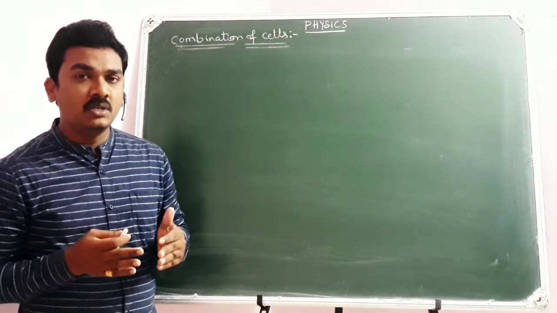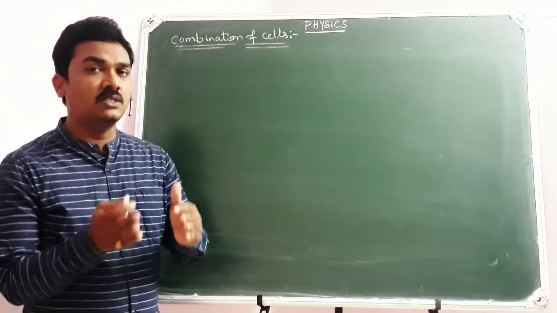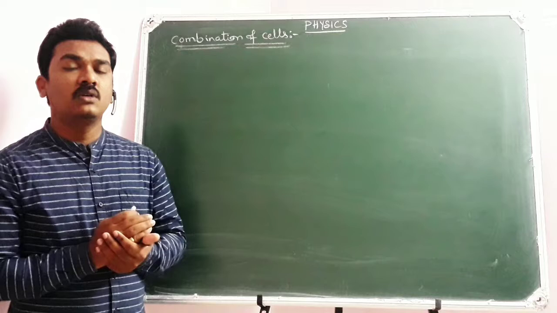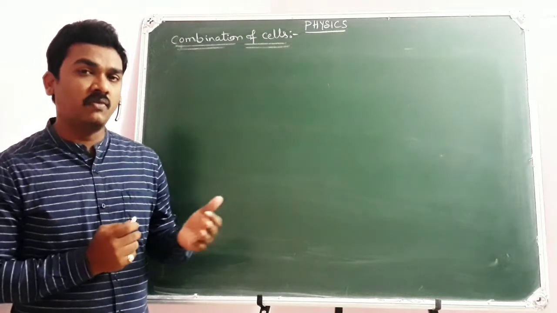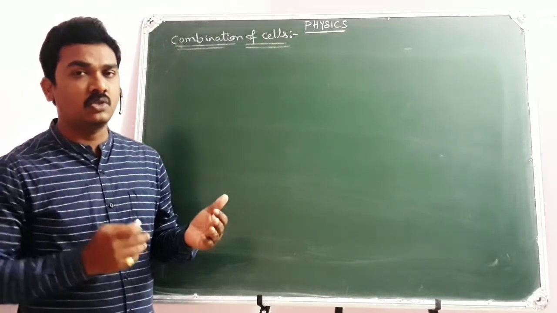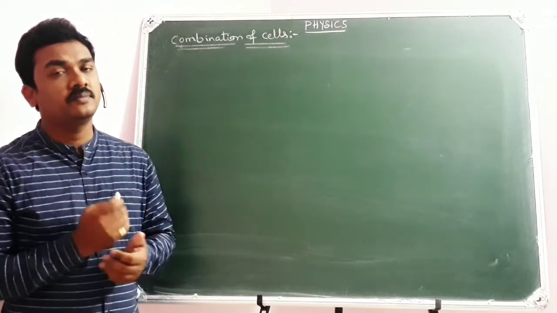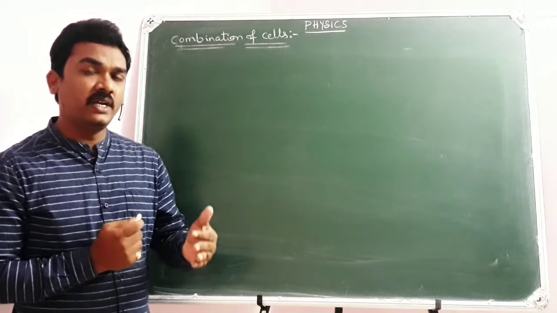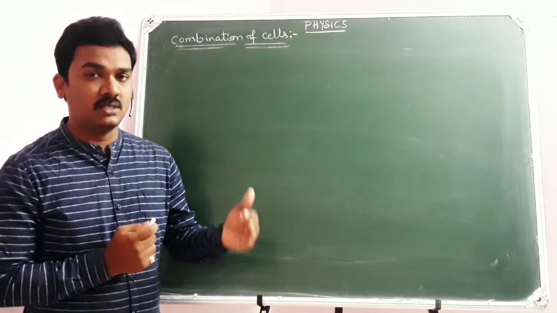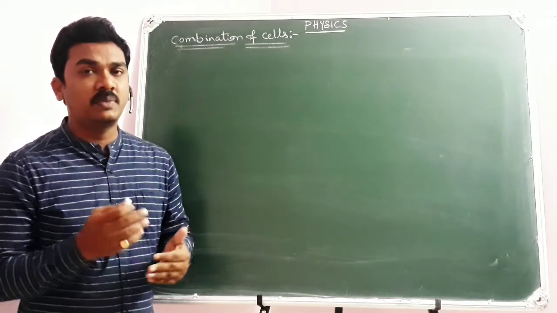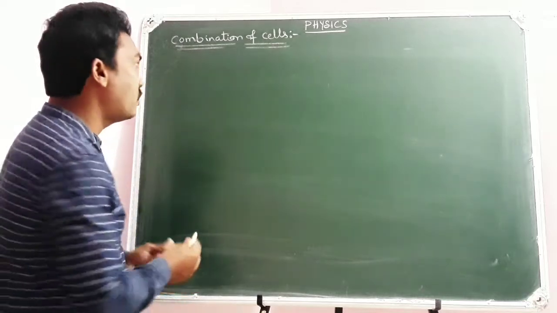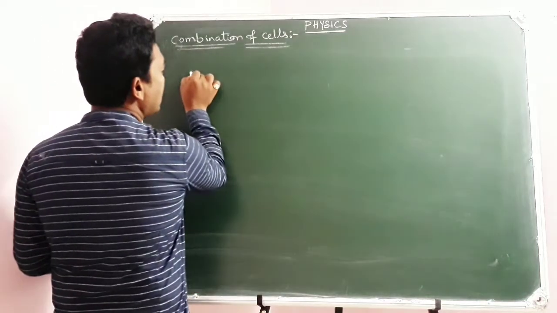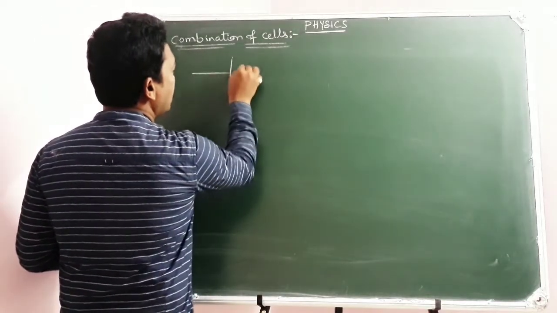We do talk about a cell of internal resistance r. You know, there will be some obstruction to the flow of charged particles through the electrolyte of the cell, and we define it as the internal resistance of a cell, which is represented by small r. Of course, this notation is in this way.